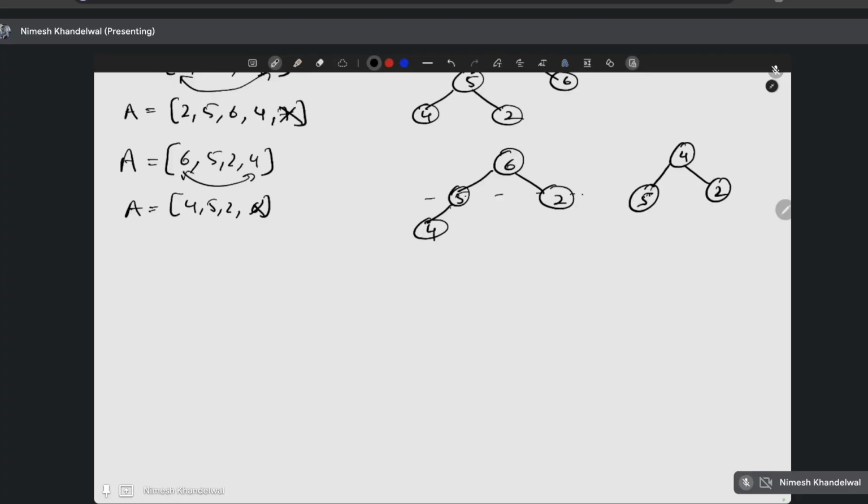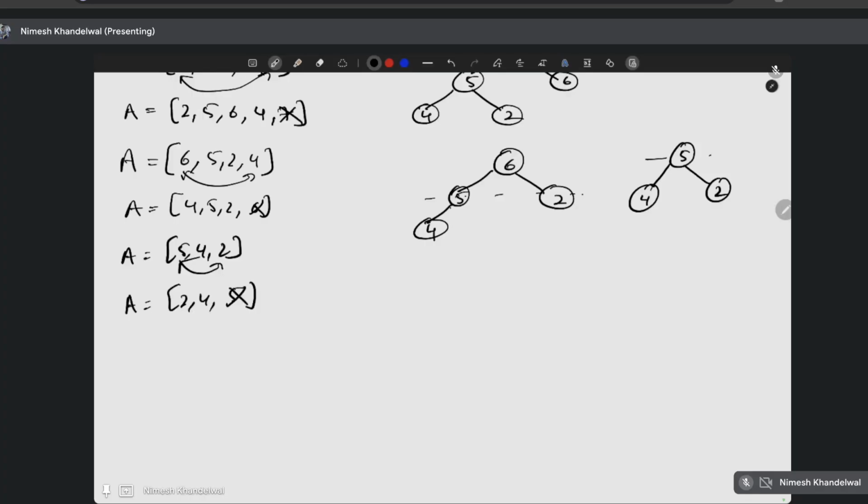So at this level, it is indeed unbalanced. So we get 5 here, we get 4 here. It becomes 5, 4, 2. Replace these two, 2, 4, 5.